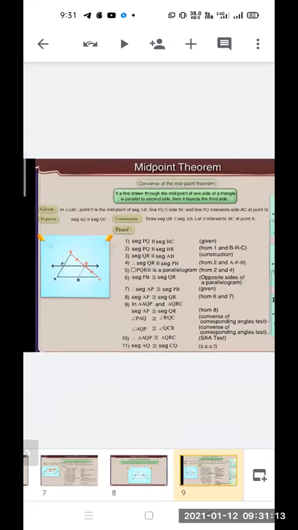So in order to prove this, let us do a construction. What construction do we have to do?